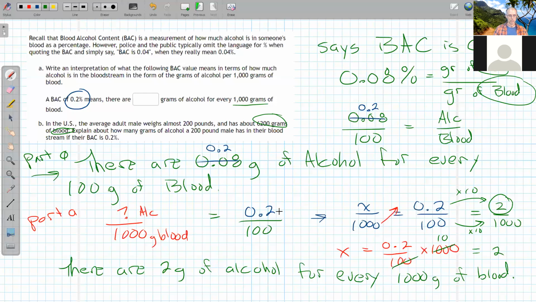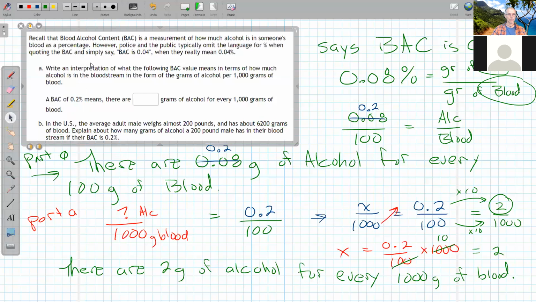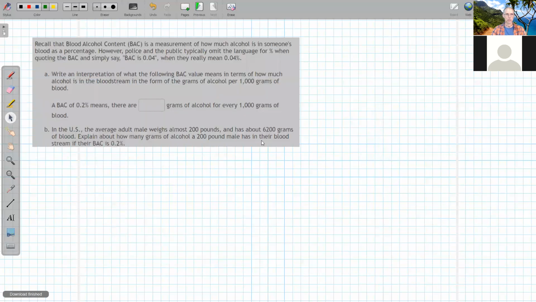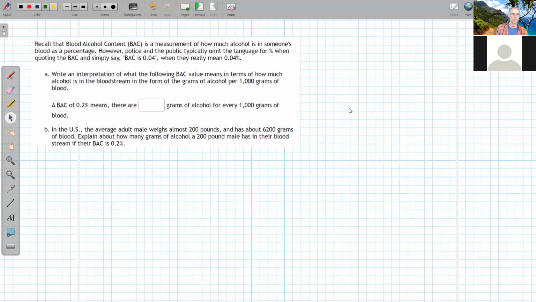So I'm going to go to a clean piece of paper here. Again, I'm just going to write down what the BAC of 0.2 means. That literally means 2/10 out of 100.